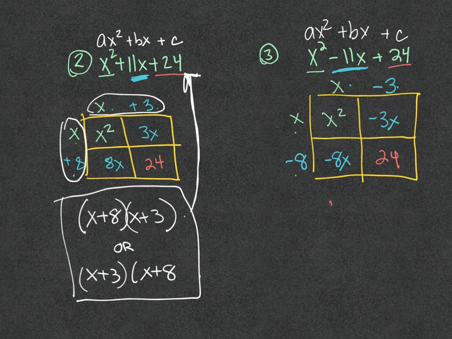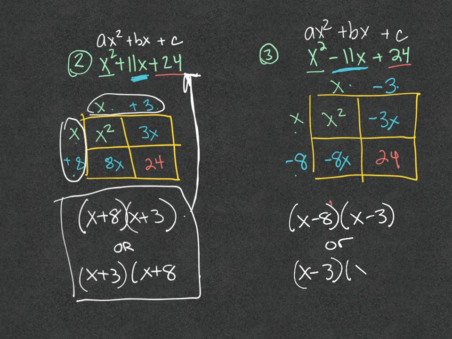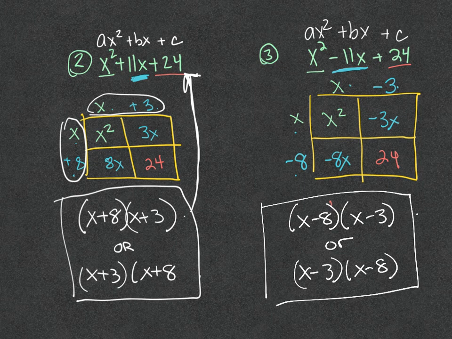So I'm going to be able to say that my answer is going to be x minus 8 times x minus 3, or if you have it the other way, x minus 3 times x minus 8. And once again, what we have found is that when you multiply these factors together, you would end up with that original quadratic trinomial.